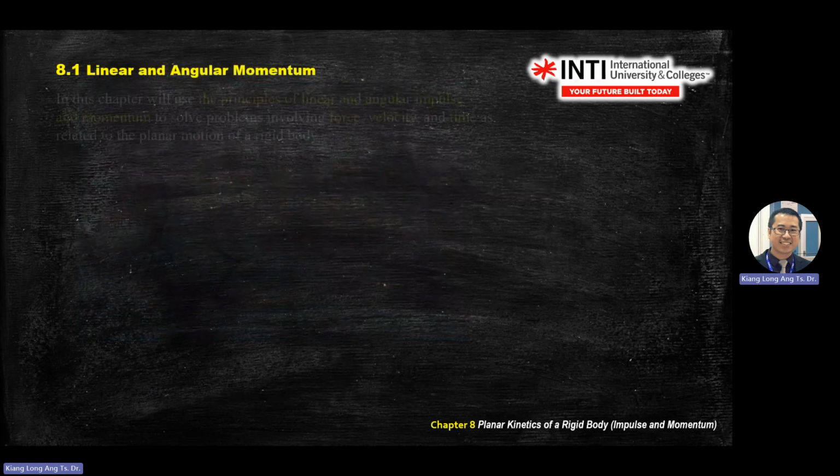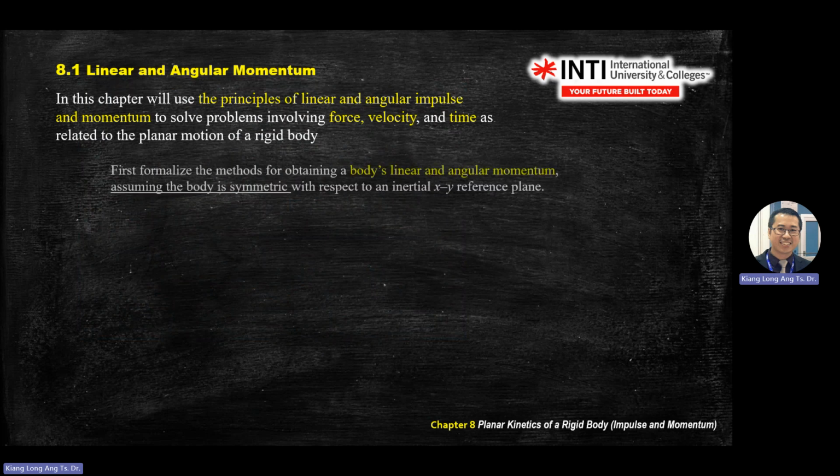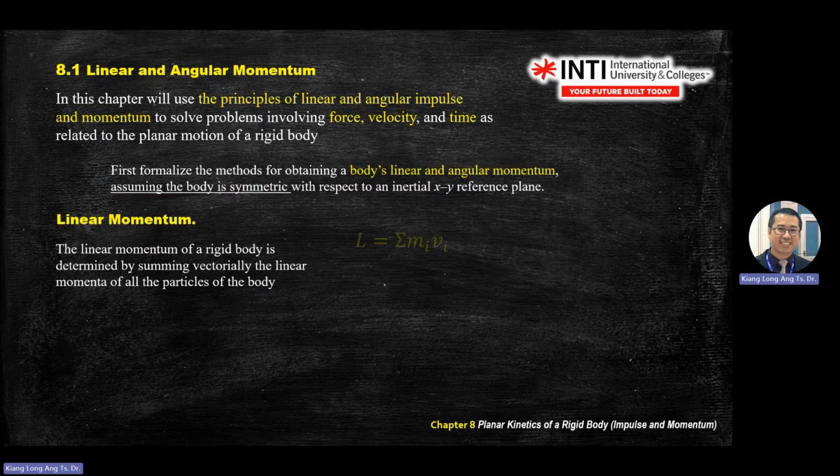Okay, now we start to go into three-dimensional linear and angular momentum. Previously, when we learned about particles, we know that L, or linear momentum, equals mv: momentum equals mass multiplied by velocity. So when we look at a rigid body, we break it into many particles, many small components. So our linear momentum equals the sum of all the individual components.